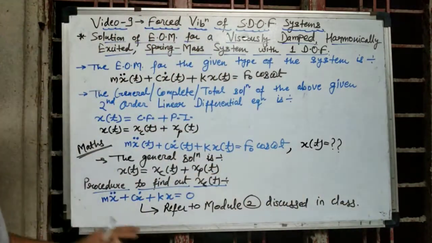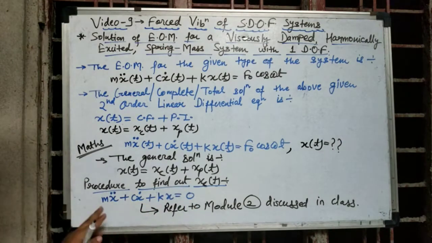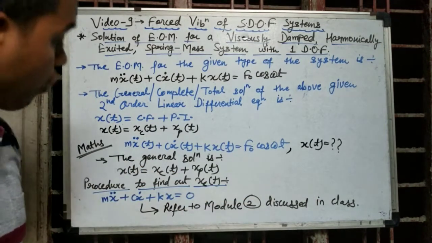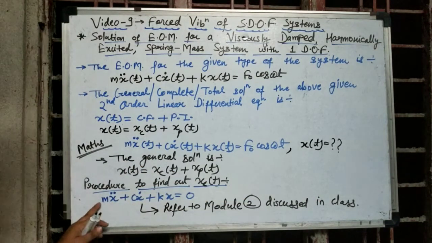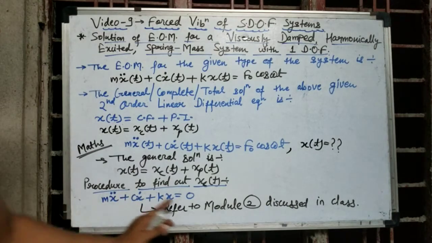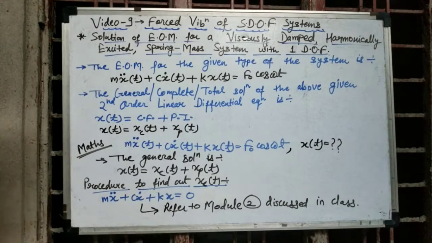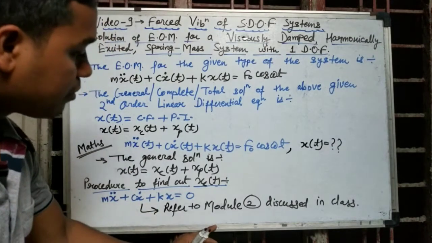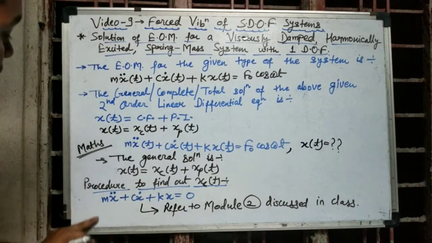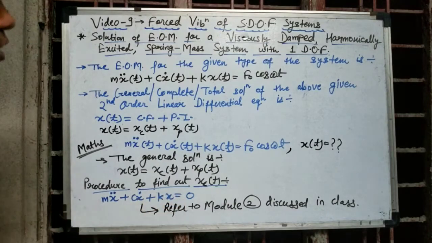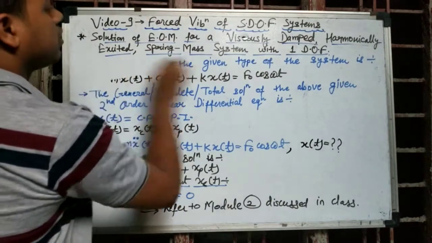For such an equation of motion, m x double dot plus c x dot plus k x, we have already got the result for the general solution. So the same procedure we need to apply. I will not repeat the same procedure. You need to refer to module number 2 to get the procedure to find the solution of this particular kind of linear differential equation.